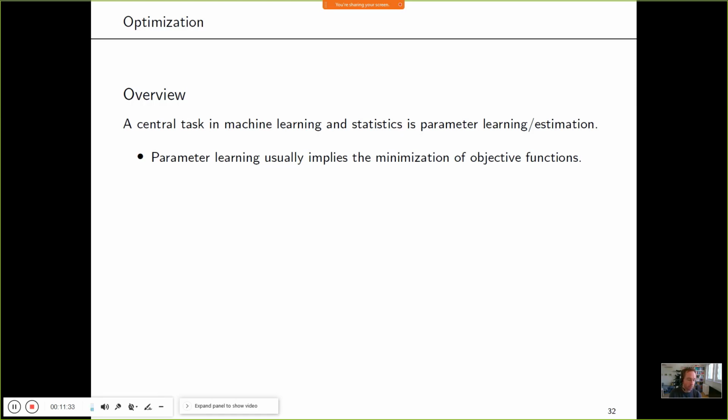In machine learning, often the objective functions are actually less complex than the ones you know from statistics, because they often don't involve any probabilistic terms. For example, least squares minimization, which you might also know from undergrad statistics, which is probability free, is heavily used in machine learning.